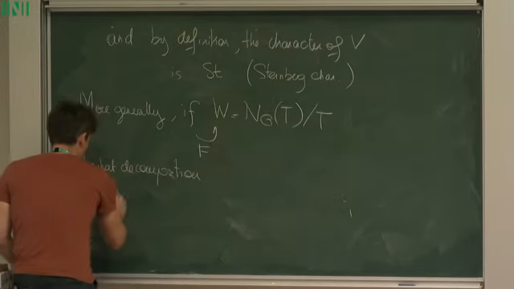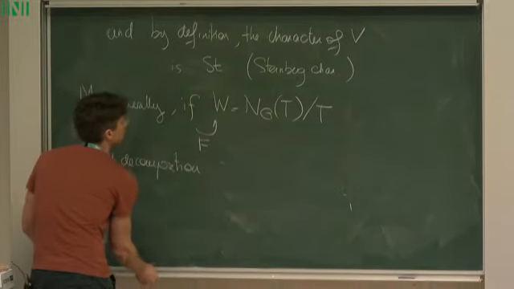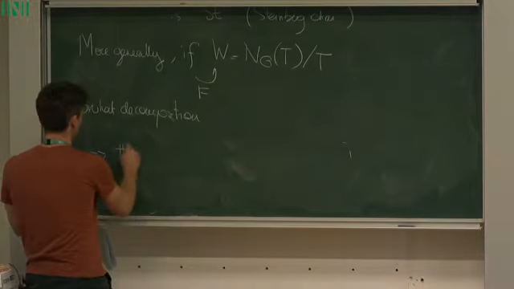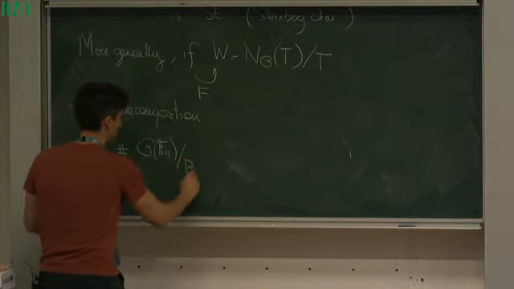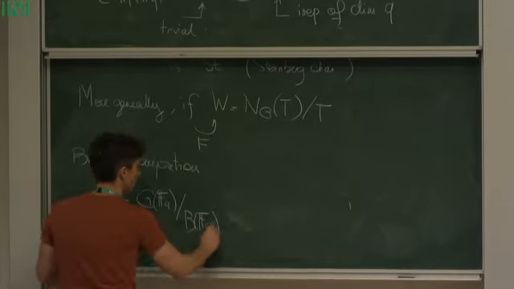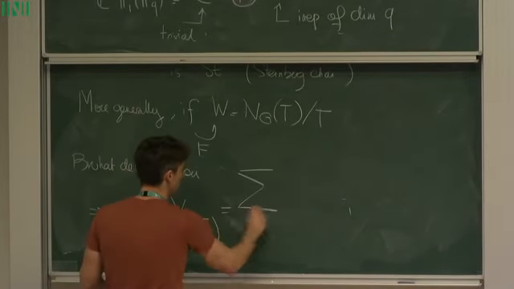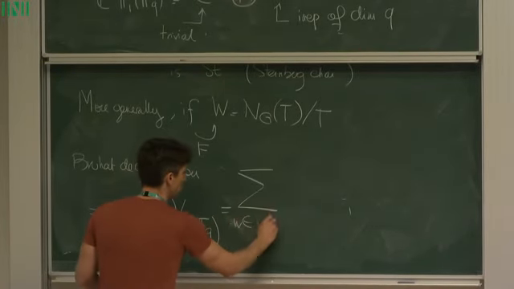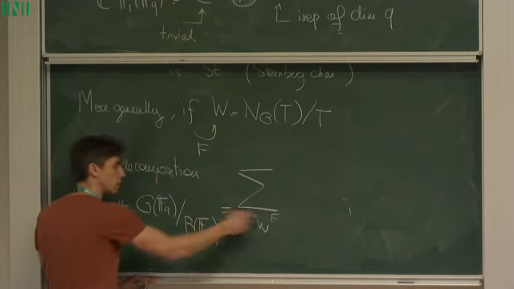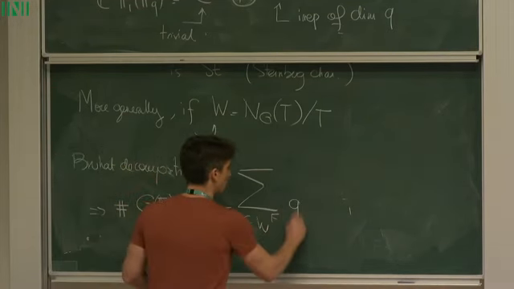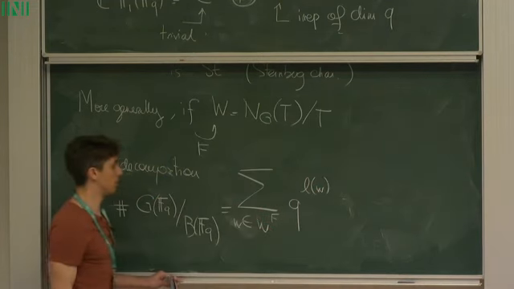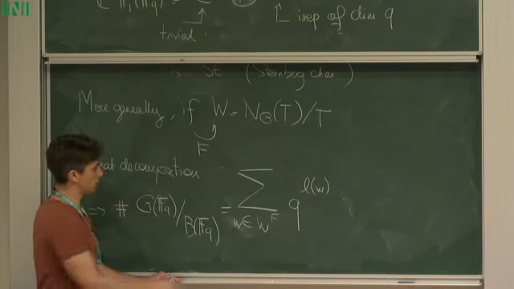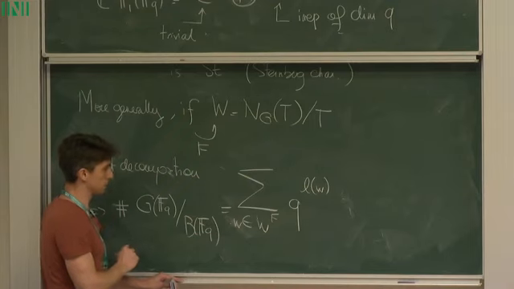And in particular, this implies that the number of points on the set is just the sum over all the elements in the Weyl group, or at least the fixed points under F, of Q to the power of the length of W, the length as an element of this Coxeter group. Okay?